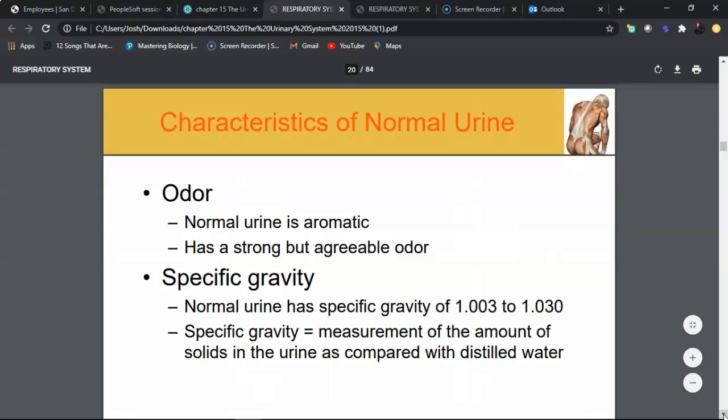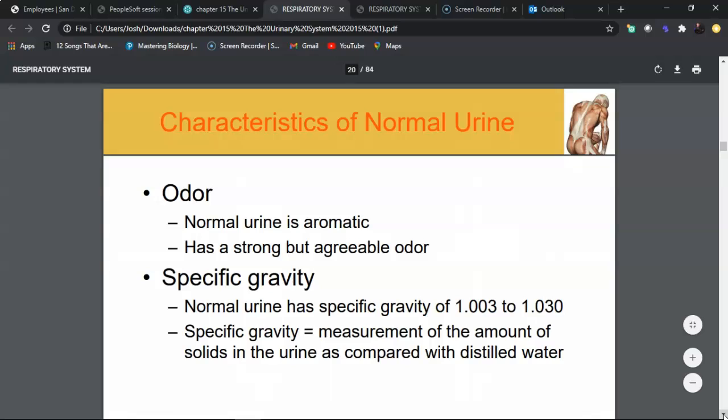Then we have something called specific gravity, which measures the amount of solids or solutes within the urine as compared to distilled water. The normal specific gravity of urine is somewhere between 1.005 and 1.030.